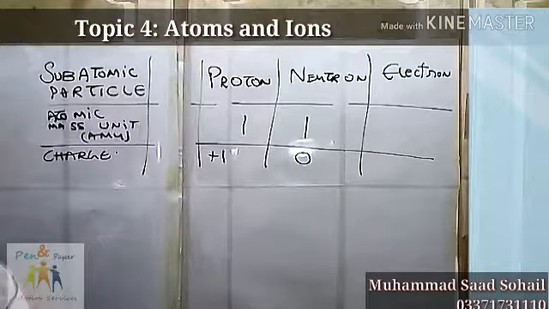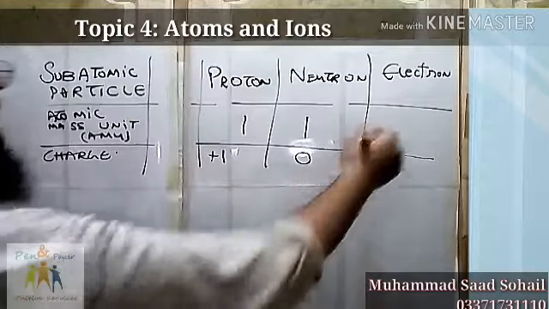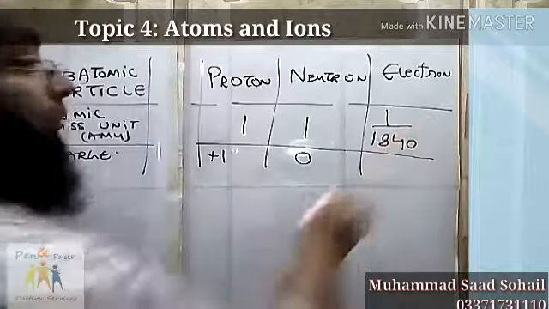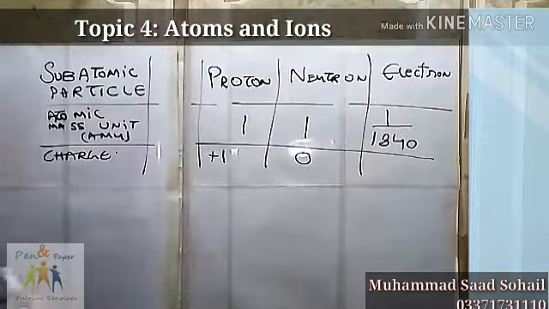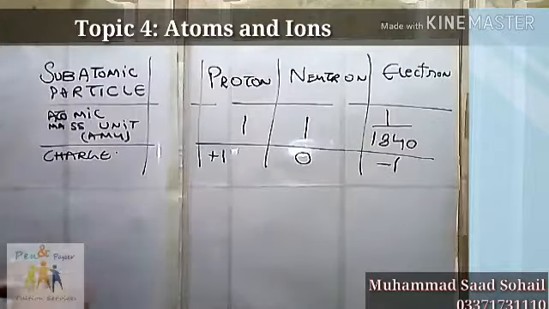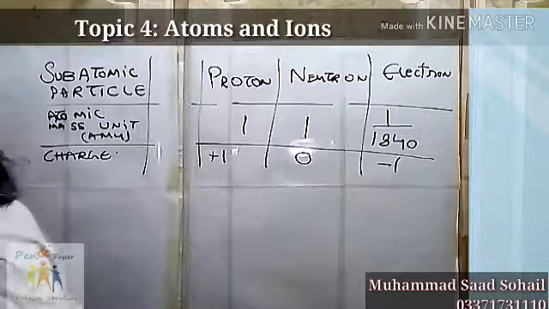And the mass, the AMU of an electron is 1 divided by 1840, and then the charge is -1. Simply looking at this table, you just need to know these values for your exams.